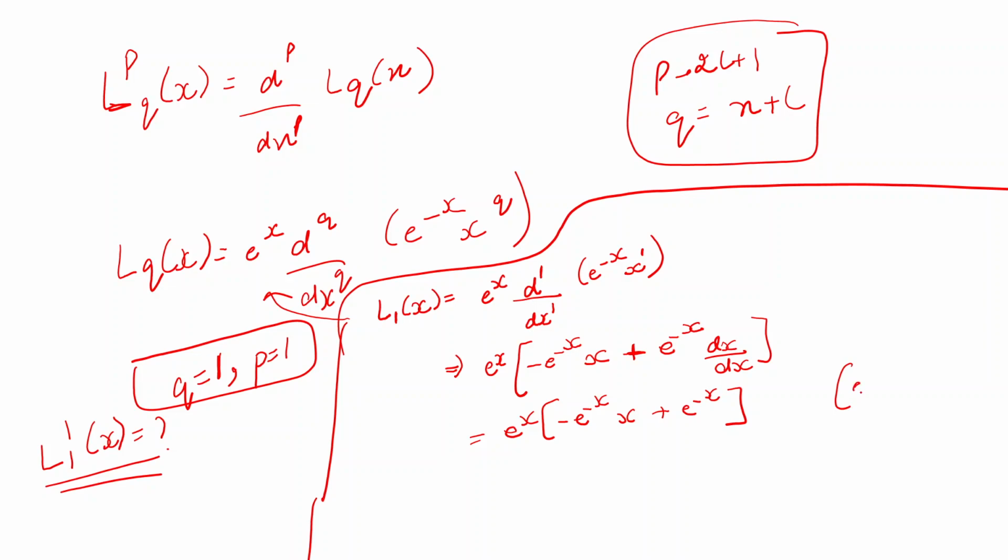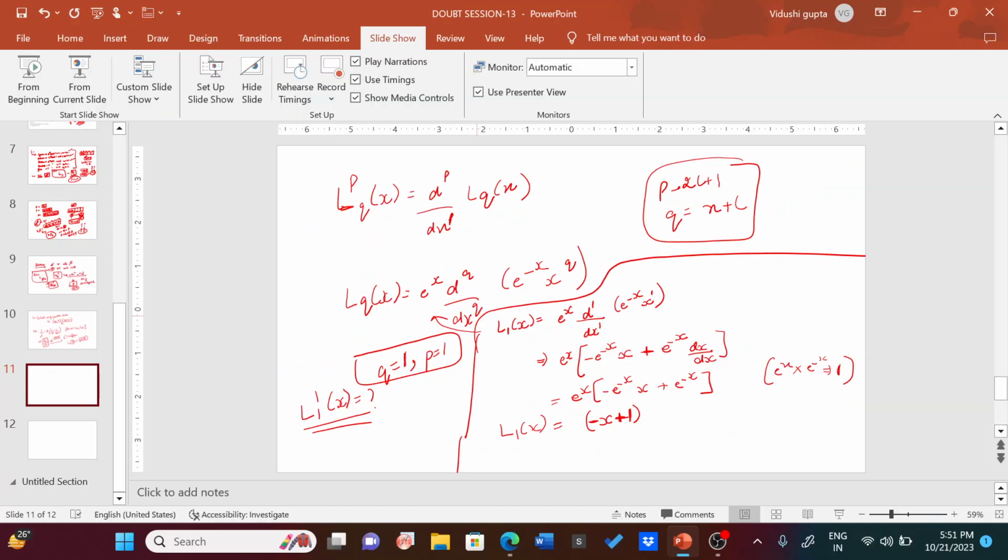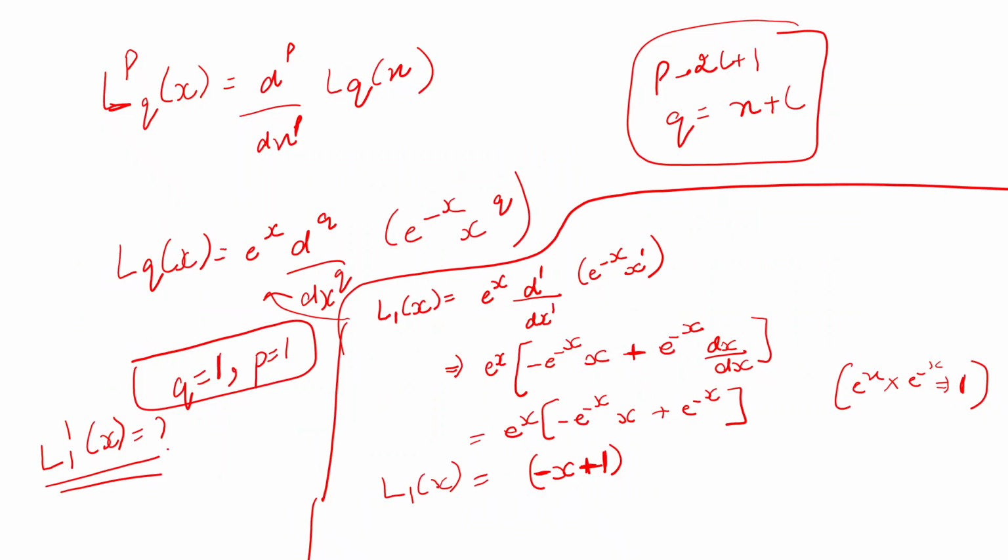And you know that multiplication of e^x into e^(-x) is 1. So minus x plus 1. This will be the value of L_1(x). So your L_1(x) comes out to be minus x plus 1.